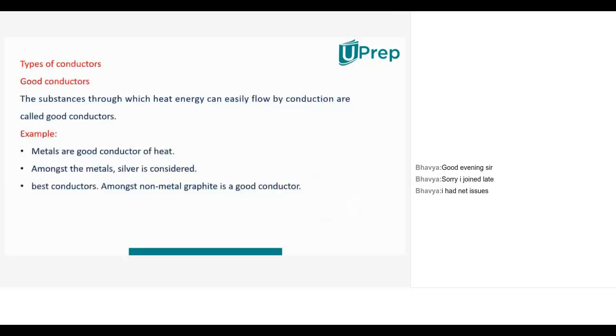So that's why you have to understand good conductors and bad conductors here. By good conductors we mean the substances through which heat energy can easily flow by conduction, as we are discussing conduction here.